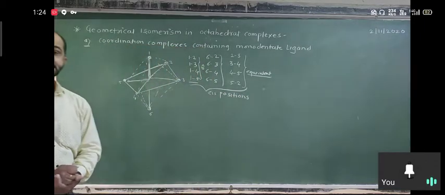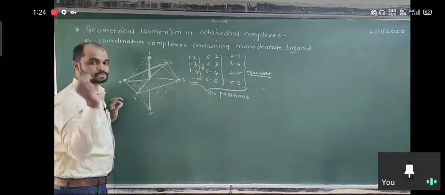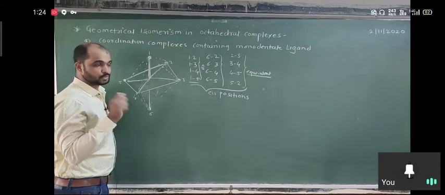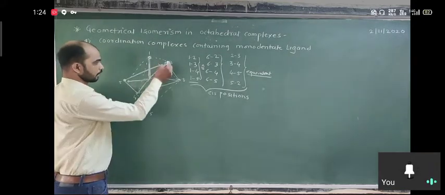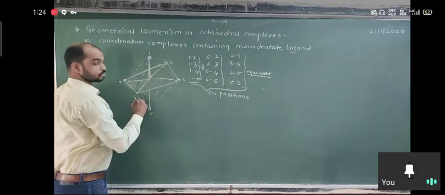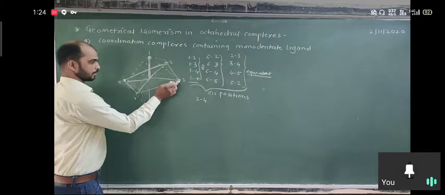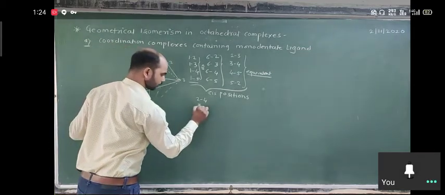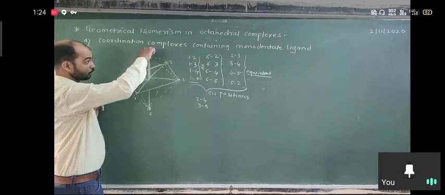And trans has only 3 possibilities. Trans means 180 degree angle, which means they are directly opposite to each other. So here 2 and 4 are directly opposite to each other, so 2,4. Then 3 and 5. And the last one is 1 and 6.